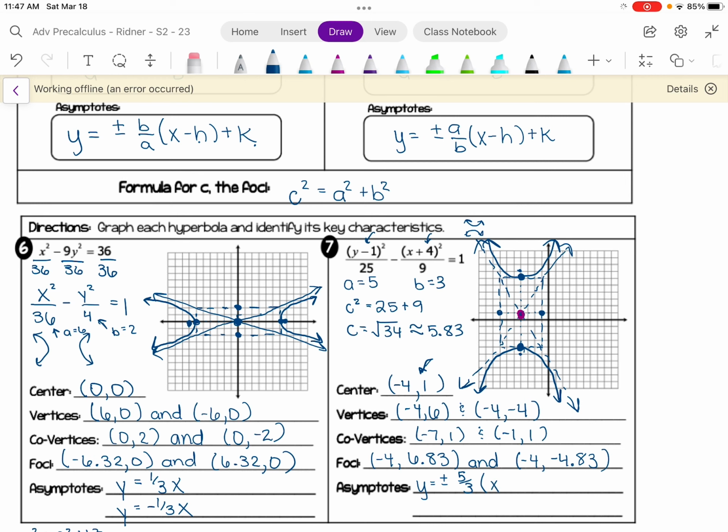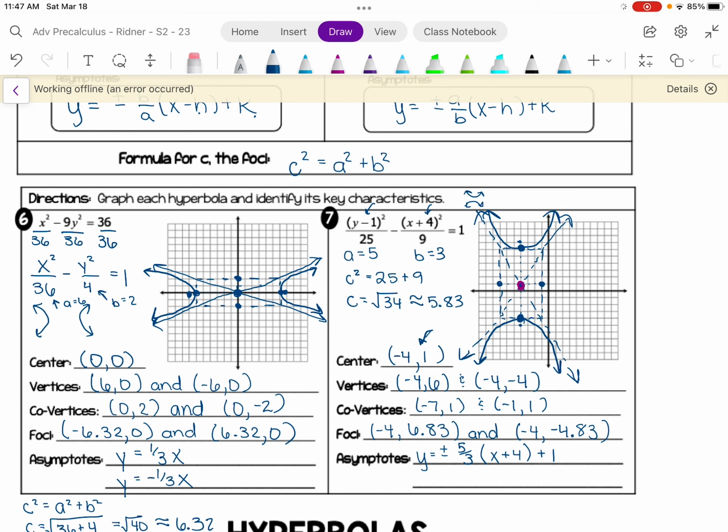And then x, h is negative 4, so a negative is positive, plus k is 1. Alright, and then I'm going to simplify that. So 5/3 x when I distribute. And then 5/3 times 4 is 20/3 plus another 3/3.